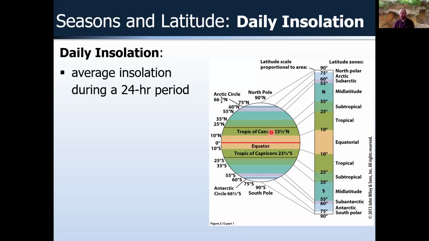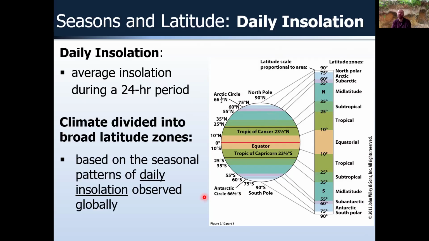As you move away from the equator, largely speaking, you go from equatorial, tropical, subtropical into the mid-latitudes. Then as you go north and north and north, you reach the subarctic and the polar regions. So this average insolation over a 24-hour period is largely driving these major climate divisions here.